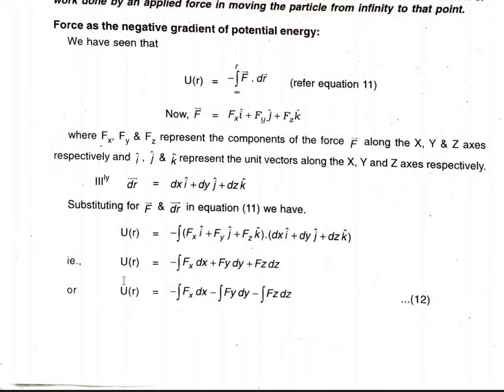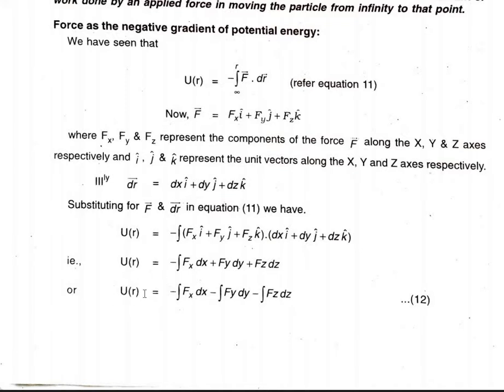the partial derivative of U with respect to x, which equals minus Fx, because the other two terms are independent of dx. This is a partial derivative because U is a function of x, y and z.